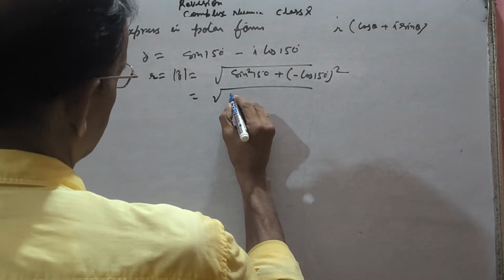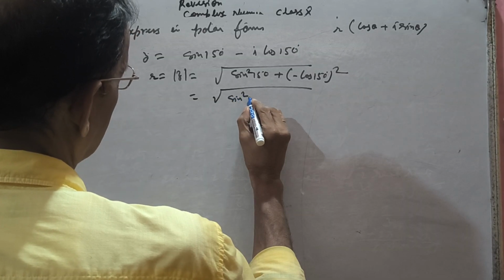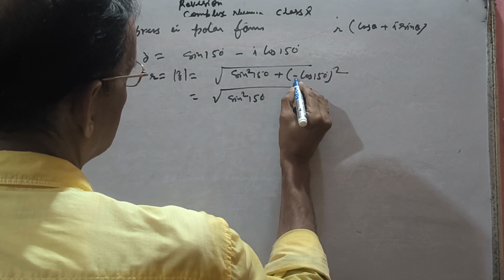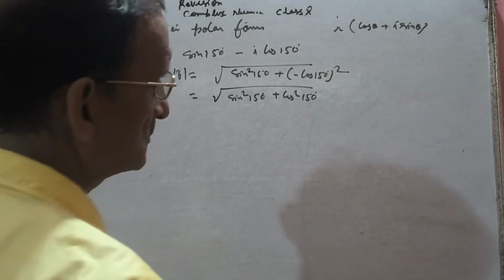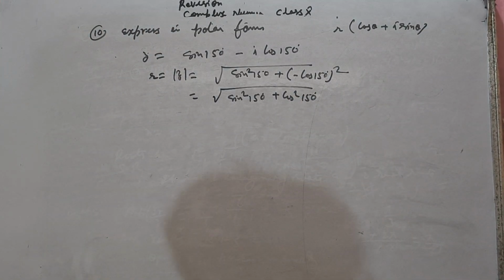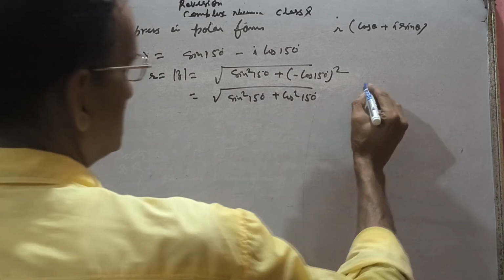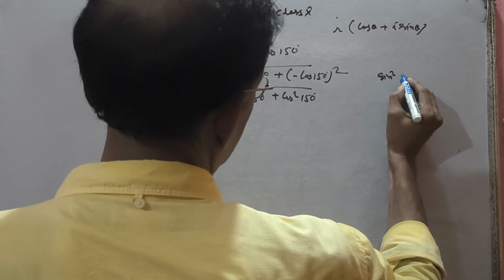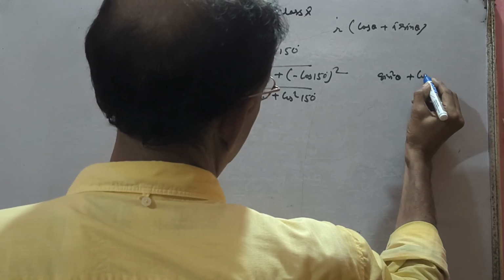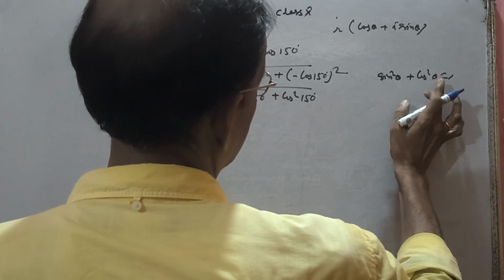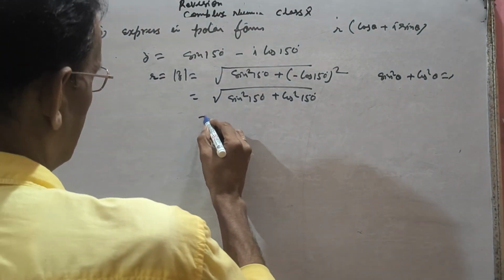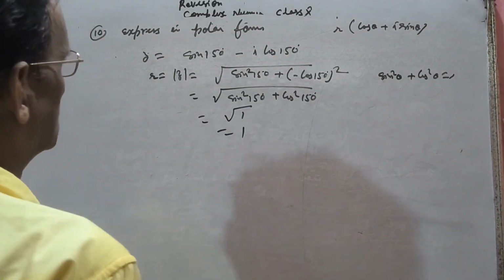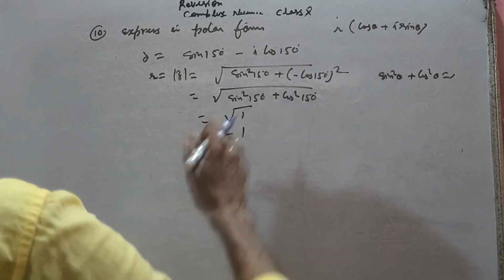How much will we get? sin^2 150 degree plus cos^2 150 degree. Trigonometric identities I had explained to you in one general math class. This is the first identity: sin^2 theta + cos^2 theta is 1. Theta can be 150 degree, 50 degree or 100 degree, it will be 1 only. So this is 1. First we have got r.